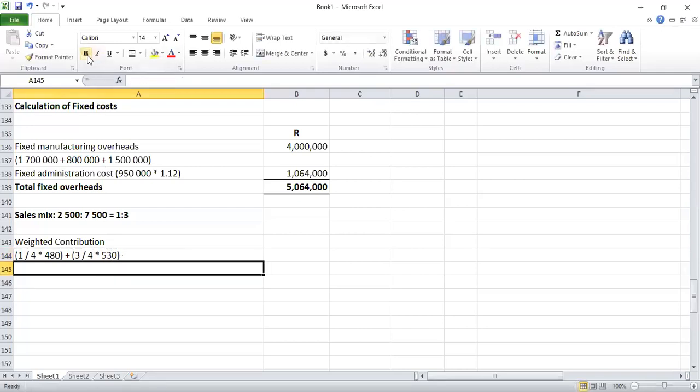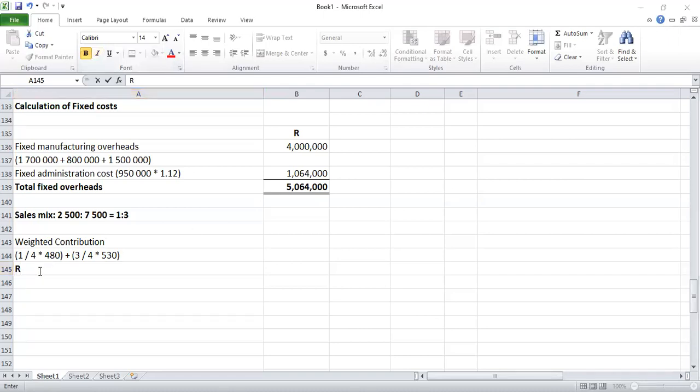What do we get? 517.50. So that will be our weighted contribution.